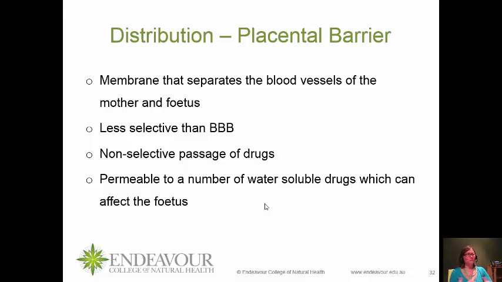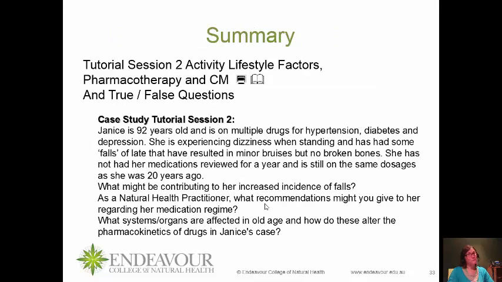Lipophilic substances will, of course, cross into the fetal circulation by that placental barrier, but so will many hydrophilic substances, water-loving substances, be able to permeate the maternal circulation across that barrier and then into the fetal circulation. So remember that those two circulations never actually directly mix. Substances just diffuse out of the maternal circulation across this rather non-selective barrier and into the fetal circulation, and so drugs will as well.